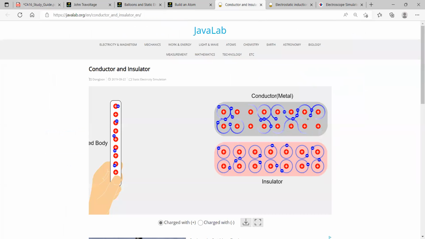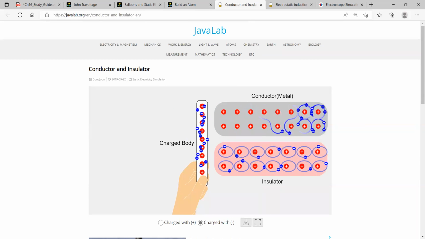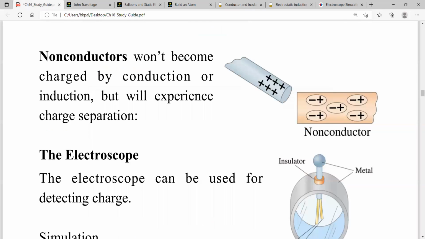So here you can see that if you bring these positively charged, negatively charged bodies, this negatively charged body pushes the negative charge of the conductor to the other side. But for the insulator, nothing basically happened. It's basically distorted. So you cannot charge an insulator either by using induction or by conduction.